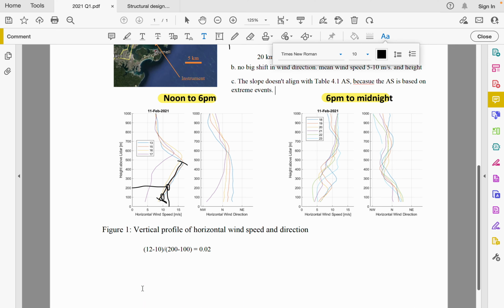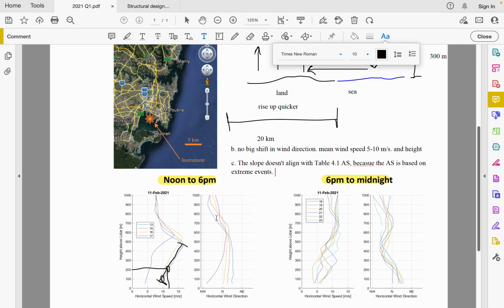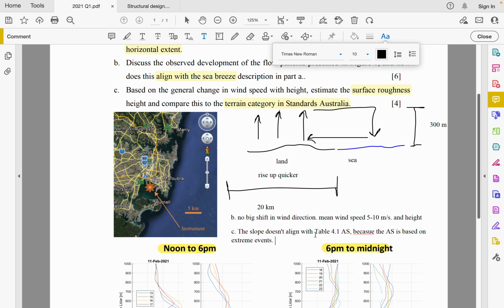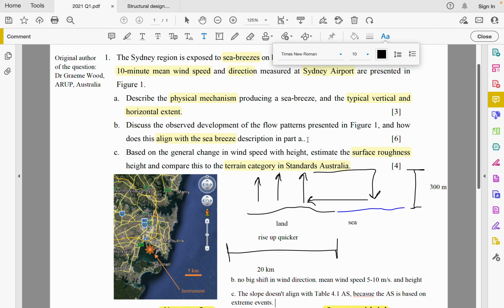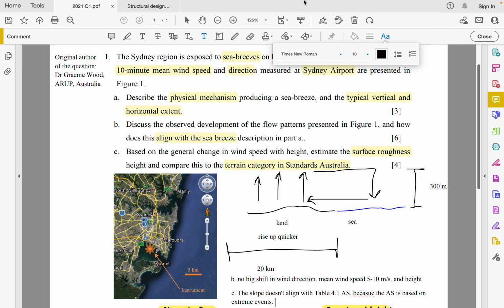So if you show the calculation and state that it doesn't align because the Australian standard is based on extreme events, you will obtain the full marks. So this is the end of the first question. Thanks for watching.